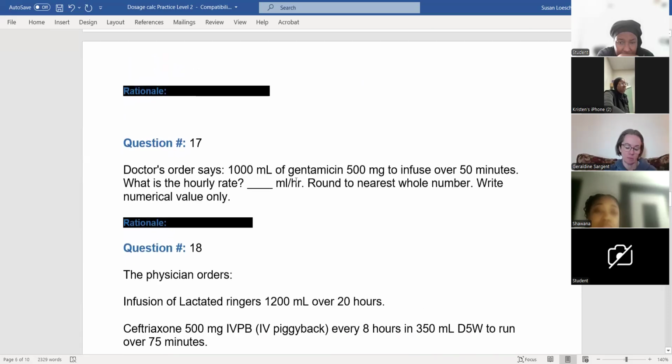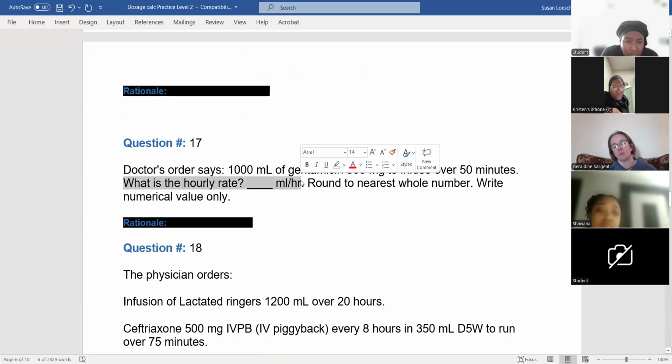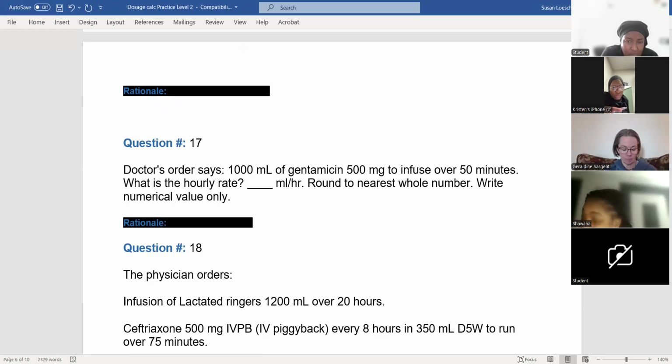All right, let's look at this one. This one's mLs per hour. Okay. So whenever you're doing mLs per hour, it's asking you the hourly rate here in mLs per hour. Okay. So now let's set it up. So mLs per hour is going to be your total volume.